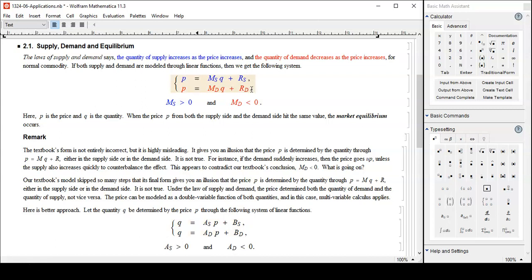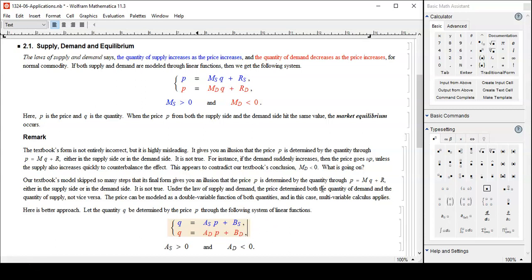Price is actually a multivariable function. It should be like this. The quantity on the supply side is a function of price, and quantity in demand side is a function of price.